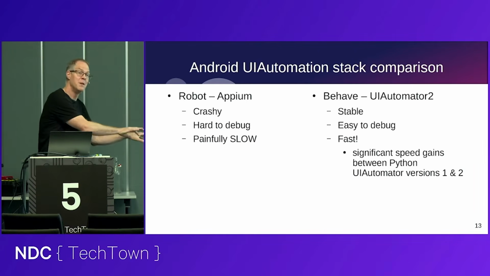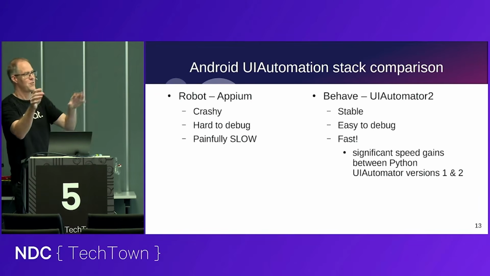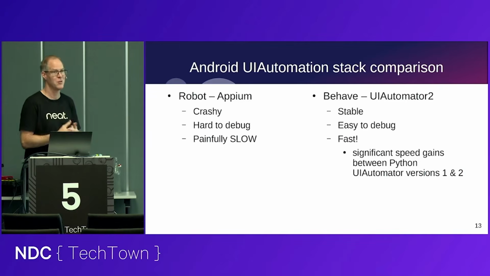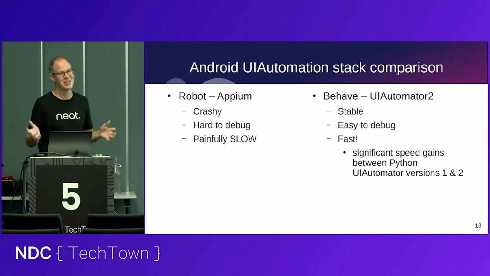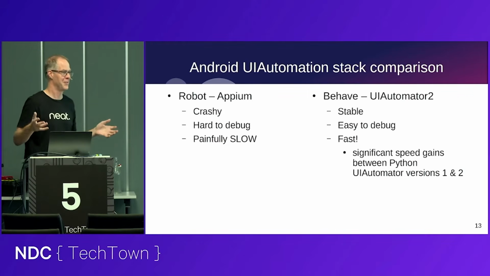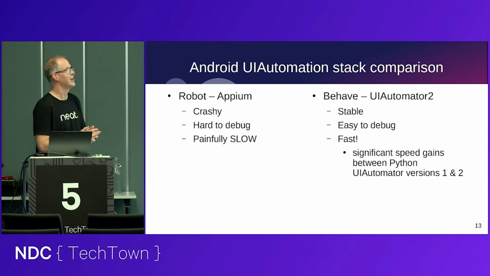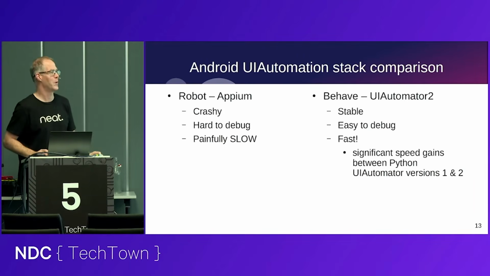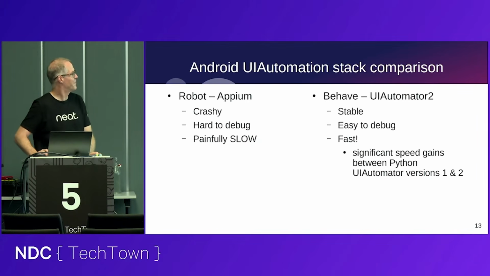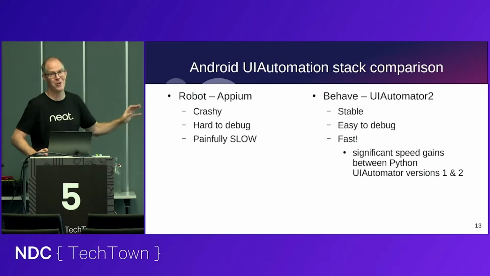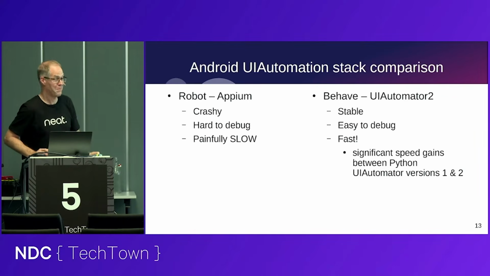Maybe the programmers would implement these test steps and then the testers would combine them to make tests, and it tries not to scare people who are non-programmers, but it does it in a kind of way that makes it very hard to get information about what is going on in the test, like a stack trace or something. I think stack traces are scary. Behave is more open with stack traces. You can override everything in Behave and control whatever information you show. But Behave is very easy to debug.